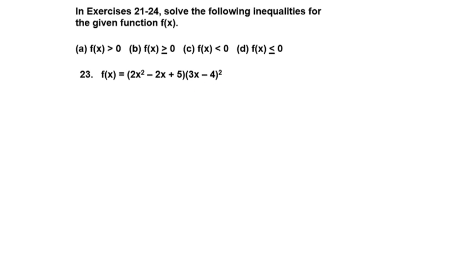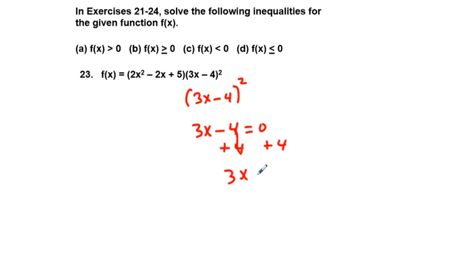Let's look at this second factor here. We have 3x minus 4 quantity squared. This is going to be equal to 0 to find the zero of the function, where 3x minus 4 is equal to 0. If we add 4 to both sides of this equation, we have 3x is equal to 4, and then divide by 3, we have x equals 4/3.